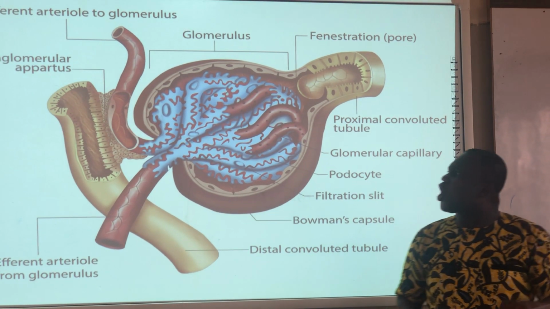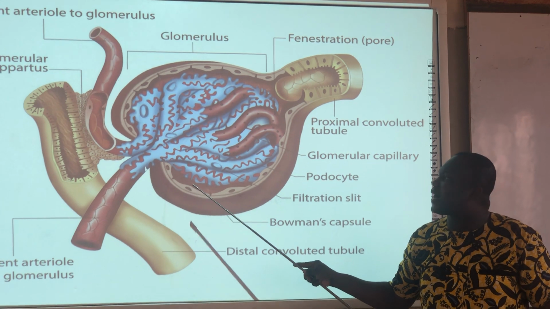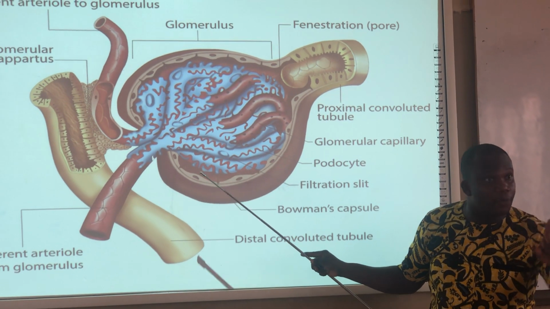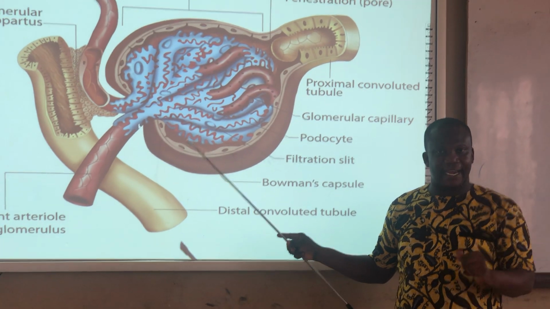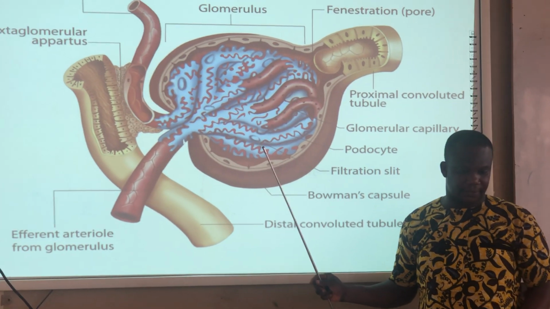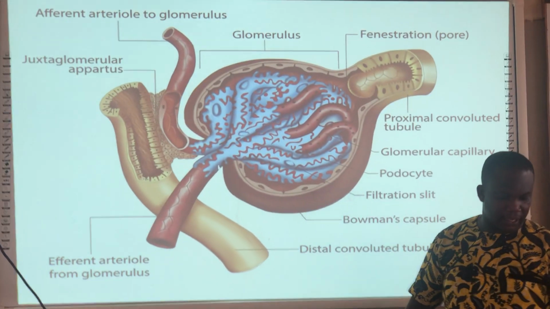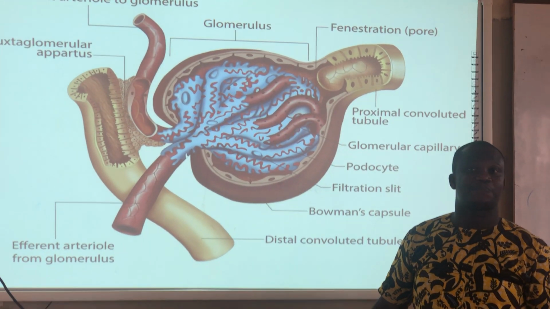So it means that not all the filtrate that comes into the Bowman capsule will be formed as what? Urine. About 1% or less will become urine. And again, what is filtration?